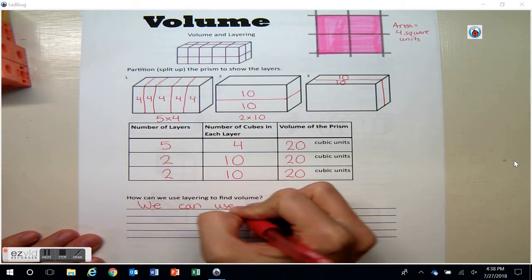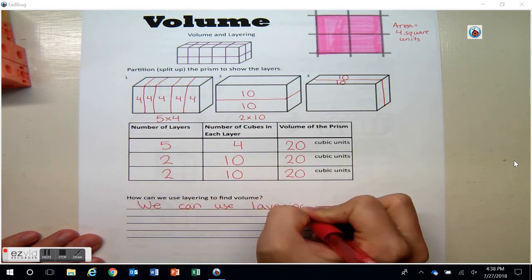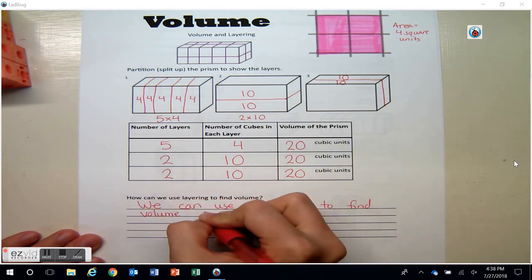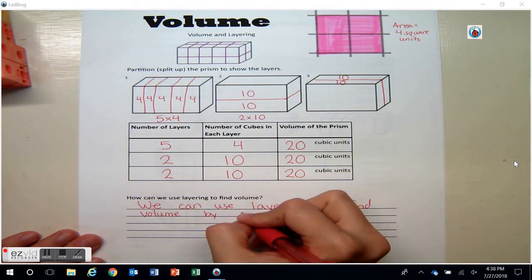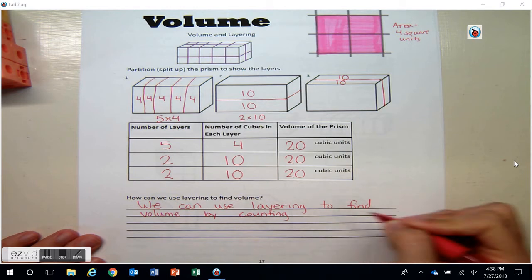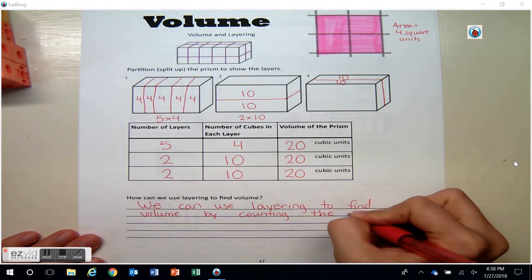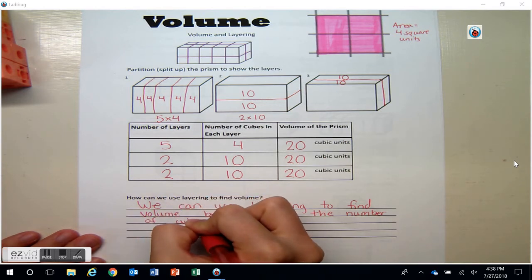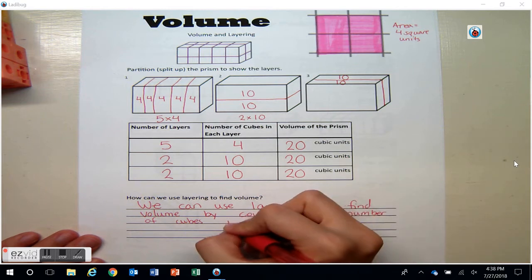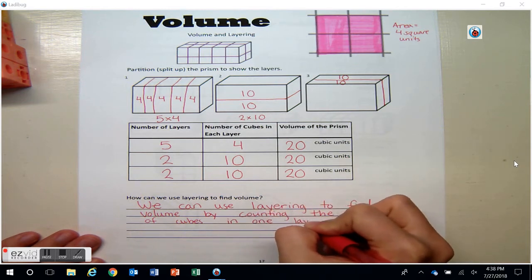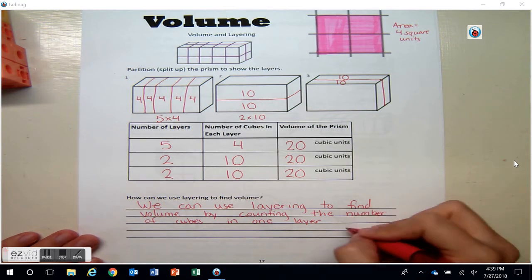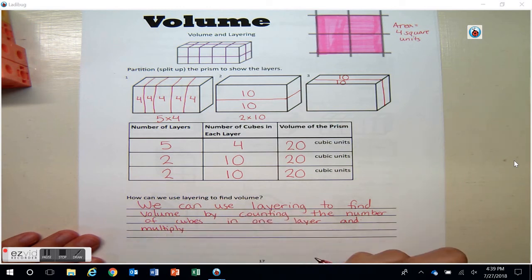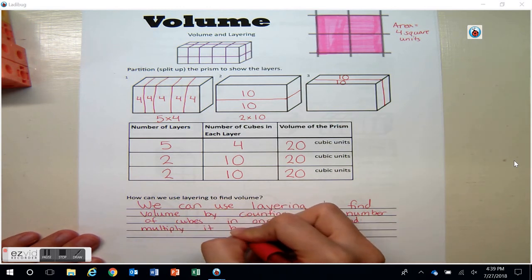We can use layering to find volume by counting the number of cubes in one layer and multiplying it by the number of layers.